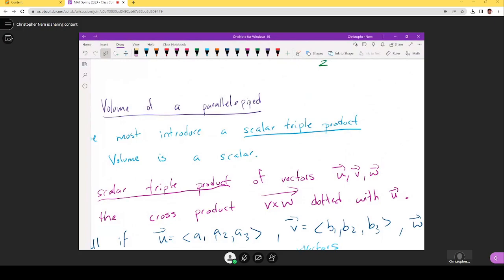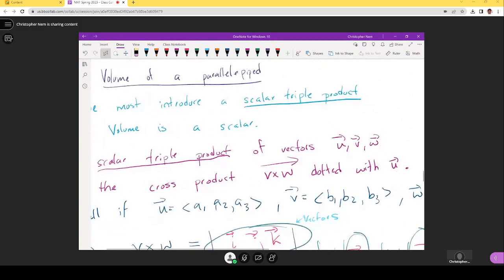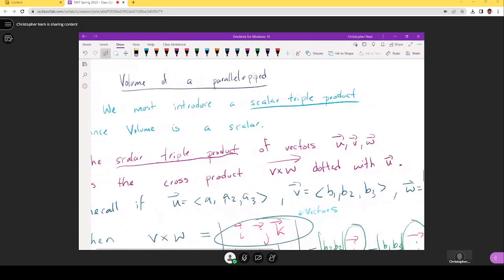And when I say base, I don't just mean a one-dimensional line, I mean a two-dimensional area. So we calculate it similar to how we do with any prism. You calculate the area of the base times the height. Similar to cylinders, which can be seen as prisms as well: you calculate the area of a circle, and then you multiply by the height. Same with rectangular prisms. All right?